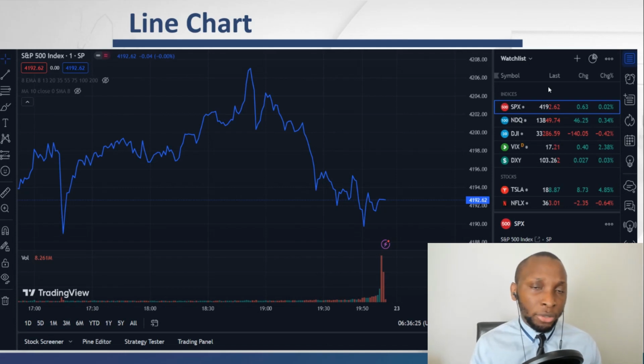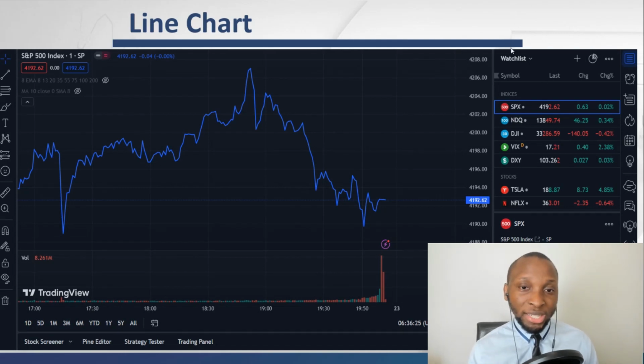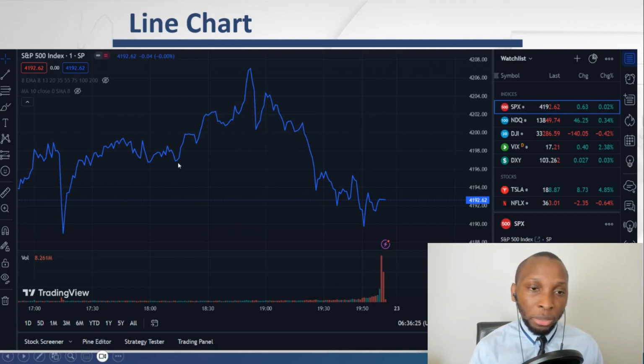The next chart that you see on the screen right now is a line chart. As you can see, I'm going to move my cursor on the screen. To determine a price increase or a price drop, you need two data points. You need, for example, one data point like this where my mouse currently is, and one data point like this.